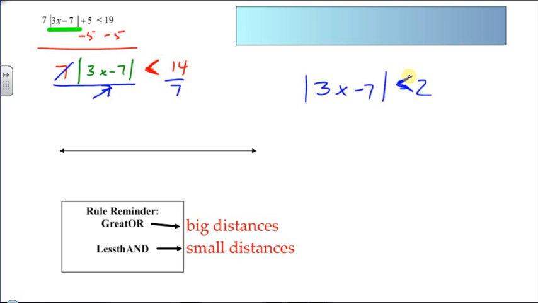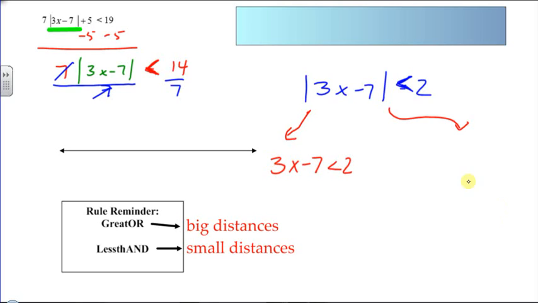Okay, it's time to split. Now splitting on an inequality is a lot like splitting an equation. We're going to take the one line and go this way. We're going to take the other line and go that way. We're going to write 3x minus 7 is less than 2. Just pretend the lines aren't there for the first one.